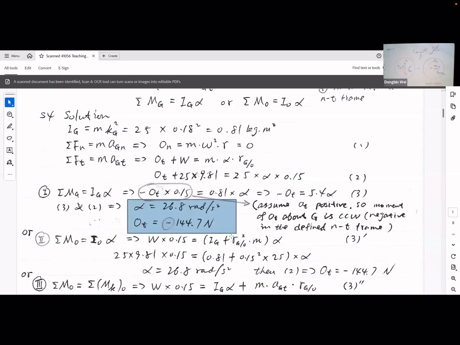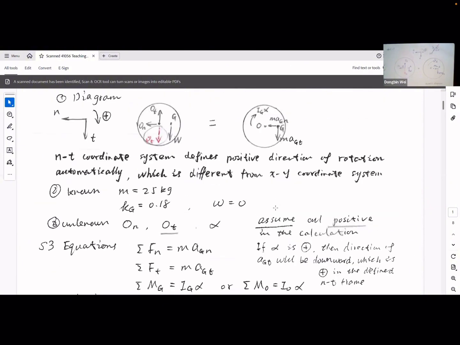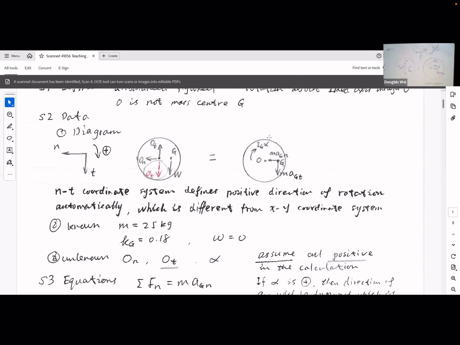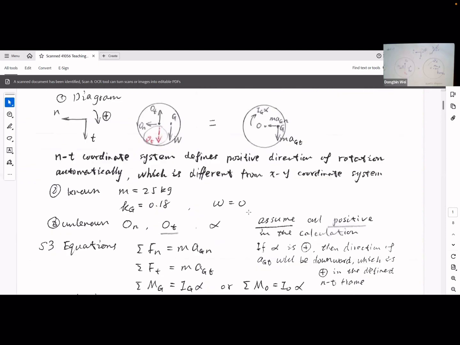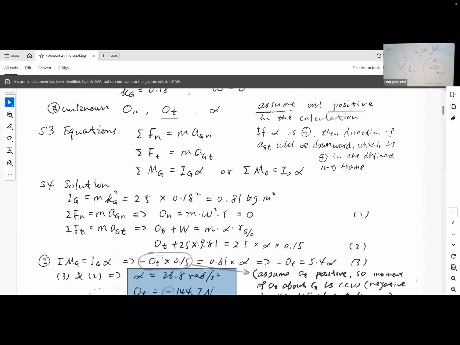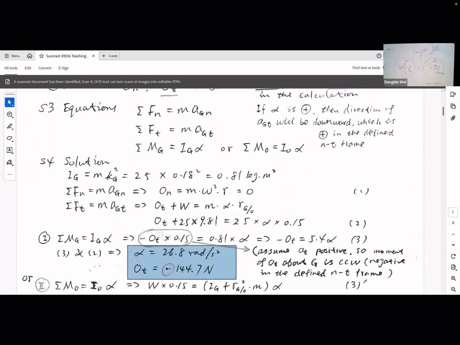Now, finally, the answer. Alpha is 26.8 radians per second squared. This is positive. That means the assumed positive direction for alpha in this diagram is correct. Alpha should be clockwise. But how about OT? For OT, you can see the calculation result is negative 144.7 Newton.